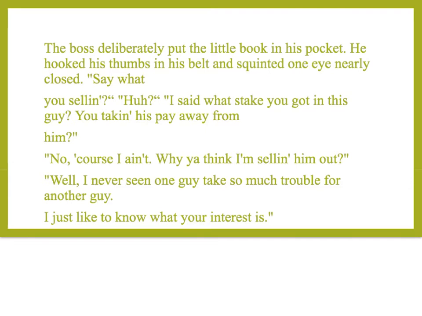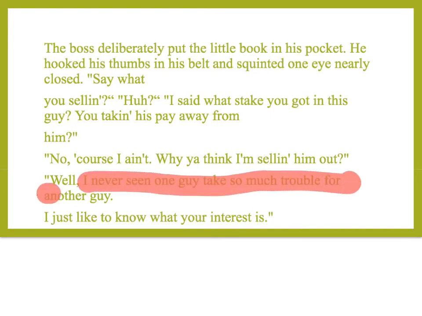So when George meets the boss, he is immediately on guard. Why? Because "I never seen one guy take so much trouble for another." The boss doesn't understand the emotional connection between George and Lennie. He says, "say, what you selling?", i.e. what trick are you trying to pull? What are you trying to manipulate here?